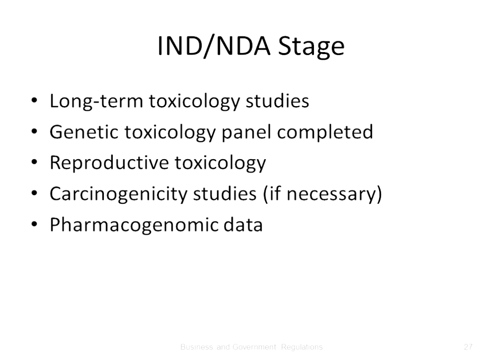And then at the IND and NDA stage, you want long-term tox studies. The genetic tox panel has to be completed. Reproductive toxicology, carcinogenicity studies, and pharmacogenomic data. What do we mean by pharmacogenomic data?